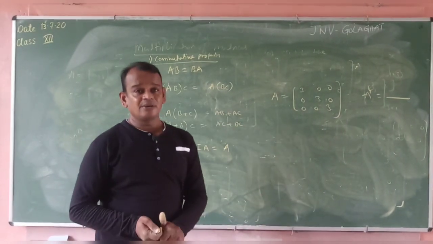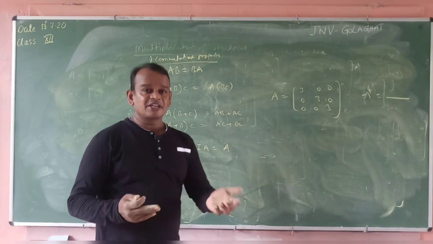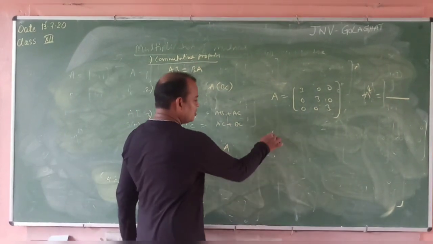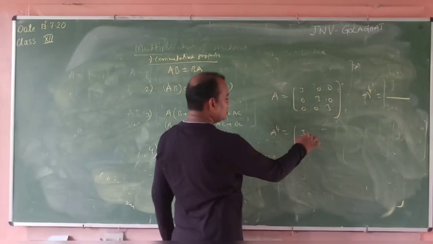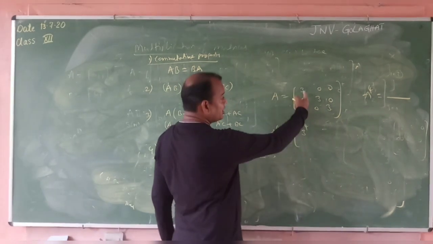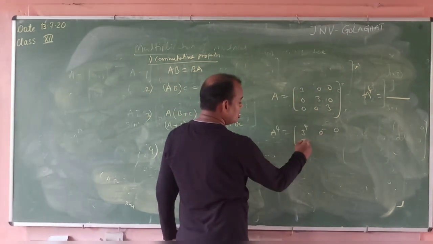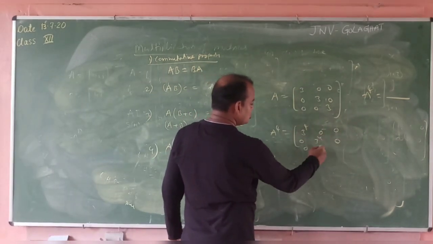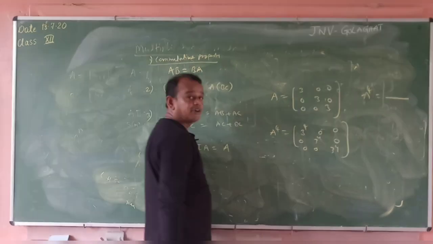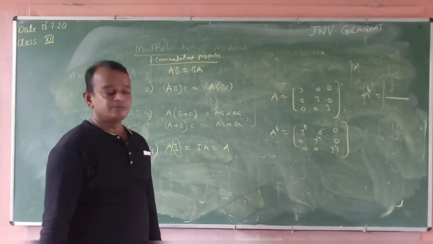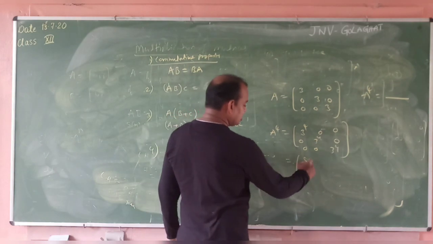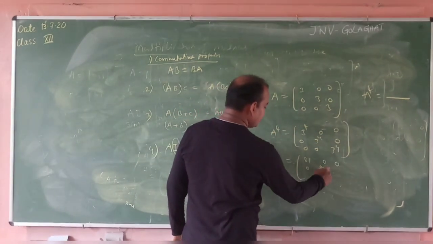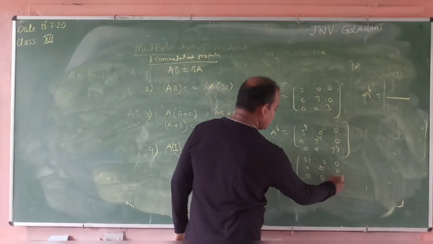But before, I taught this problem by the induction method. A power 4 is equal to 3 power 4, directly, on the diagonal: 3 power 4, 3 power 4, 3 power 4, zeros elsewhere. No need of the multiplication. 3 power 4 means 81, so 81, 0, 0, 0, 81, 0, 0, 0, 81.